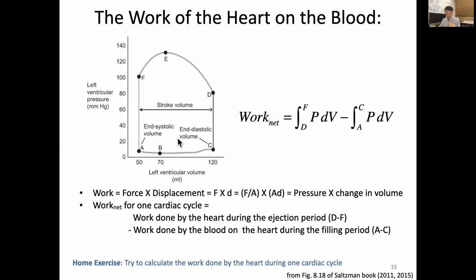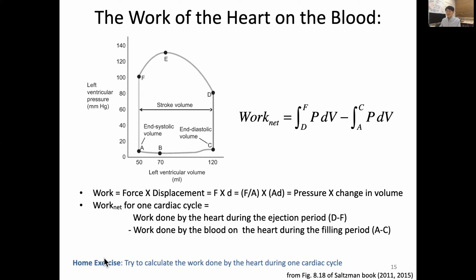So that is effectively the area inside this loop. And here, because this is going towards the left-hand side, the net work of the blood will come out to be minus.